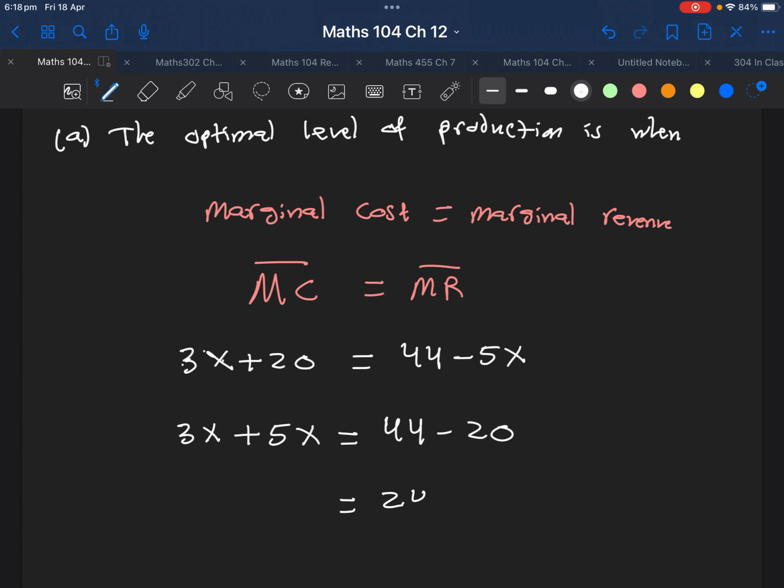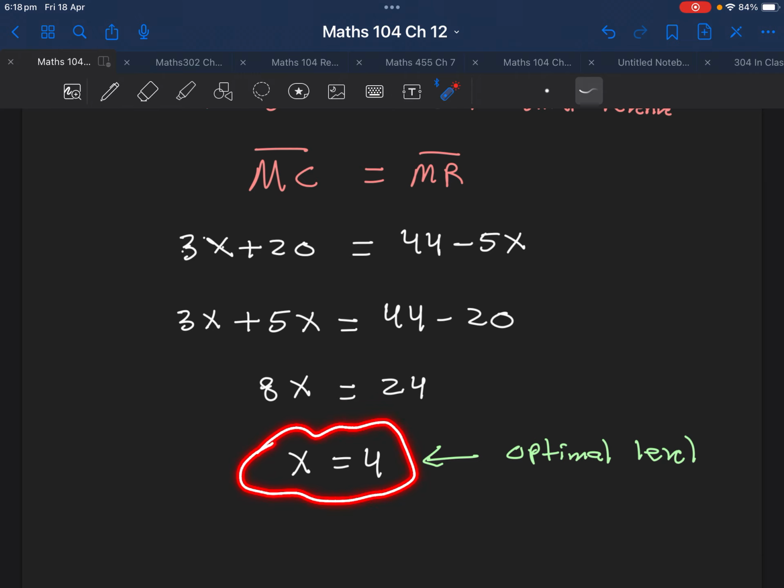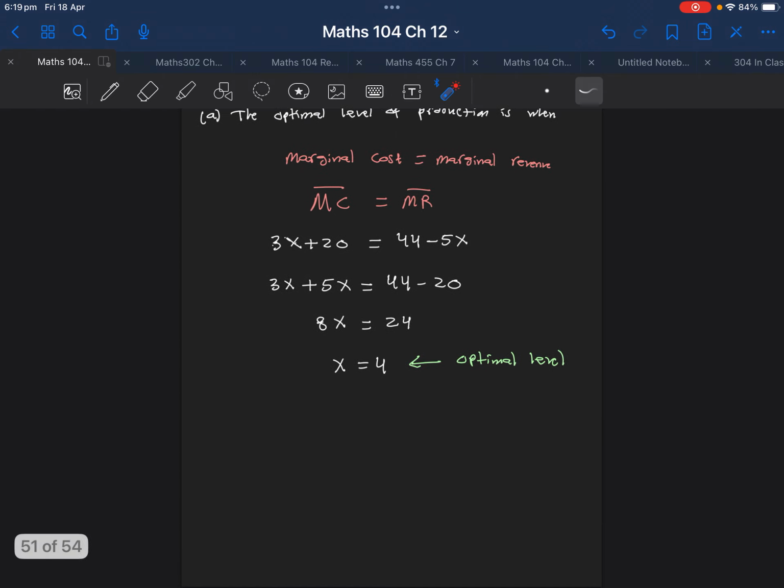Of course, this is 24 and this is 8x, which means x equal to 4 is the optimal level. In the question, we have been asked what is the optimal level of production. That's the optimal level of production, which means x equal 4. That's the first part of the question.